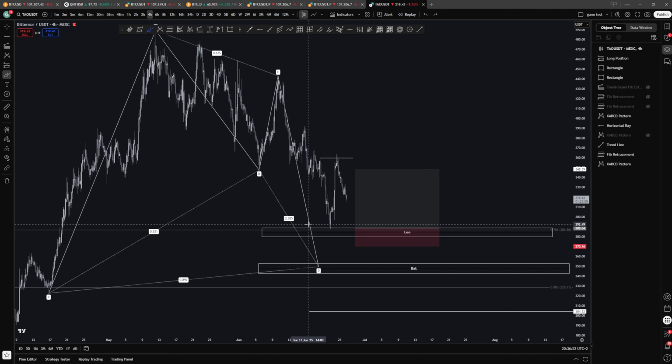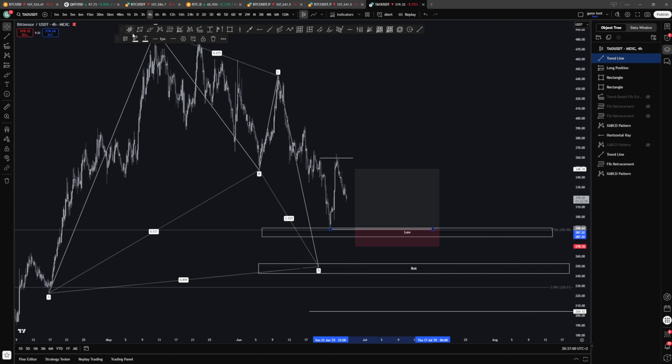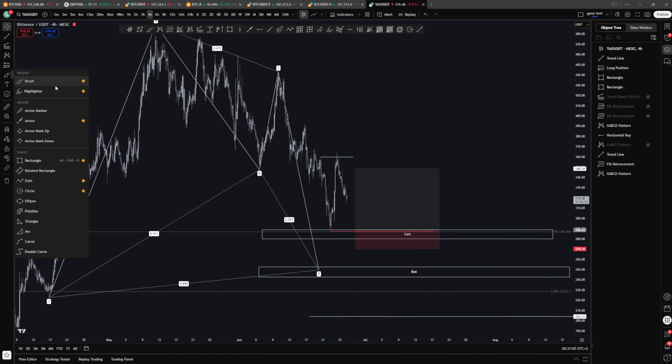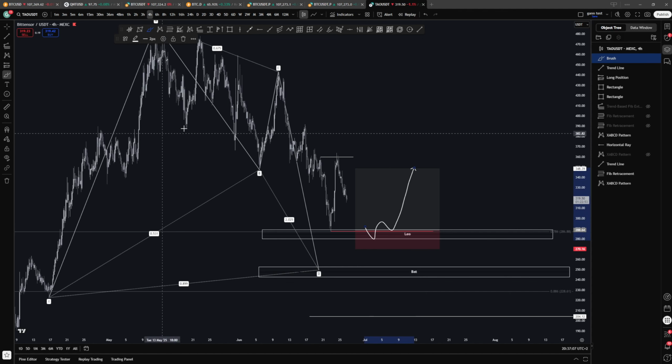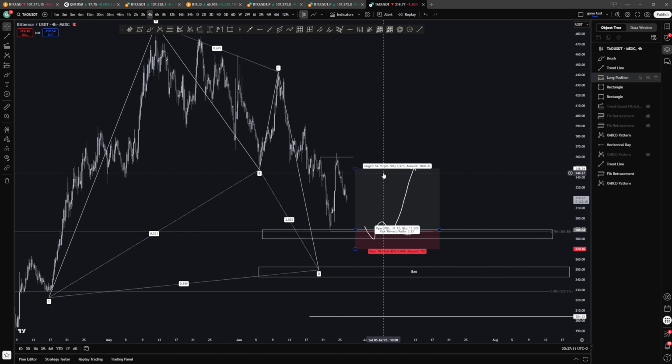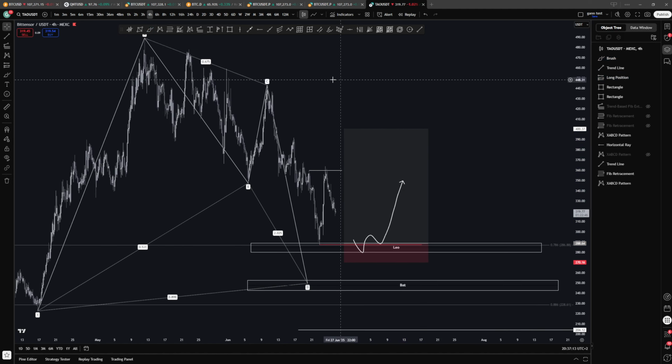However, much like I talked about on the last chart, if we get a sweep of this level, I'm going to mark it red. If we get a sweep of this level and a reclaim, or just a sweep that closes above, right? I would still take it.